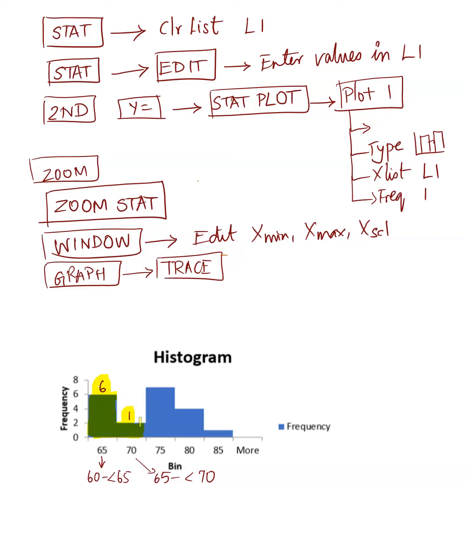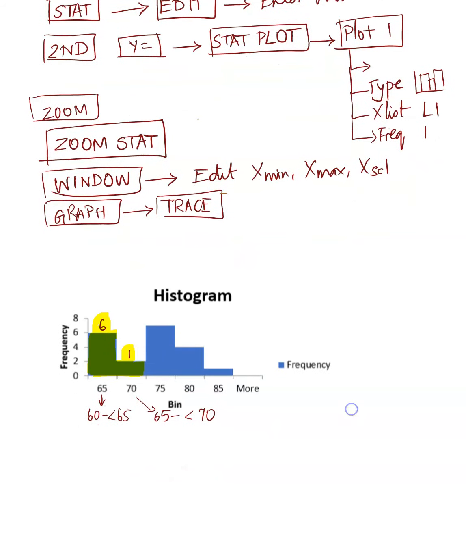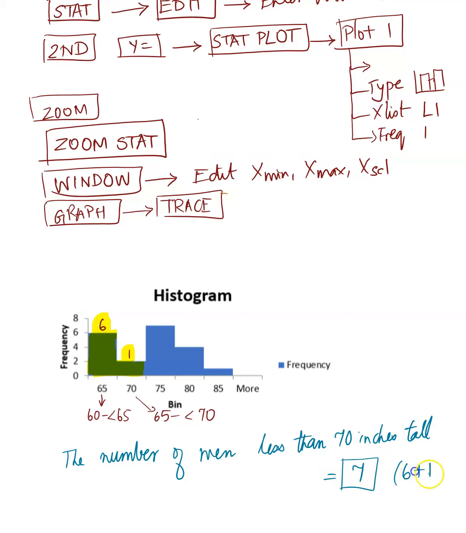So it's a cumulative version here, right? So we will say the number of men less than 70 inches tall is 7. 6 plus 1. Okay. And you will look at other variations of these kinds of problem types. As always, follow the instructions and you should be good. So this covers our histogram problems.